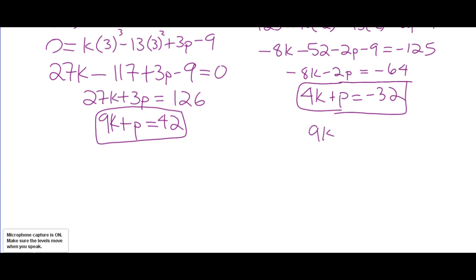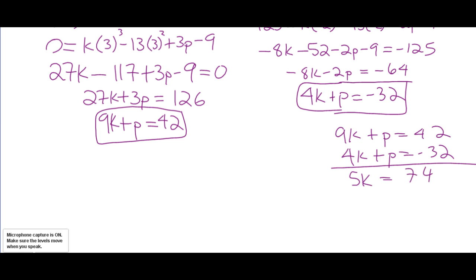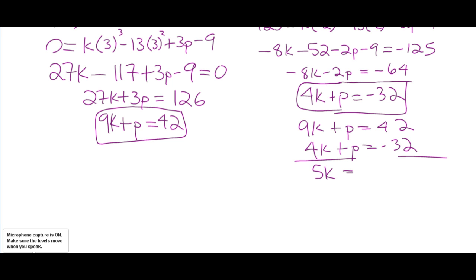Obviously, elimination. Subtract. That's all wrong. What's messed up? Yeah. Positive 32. That's better.